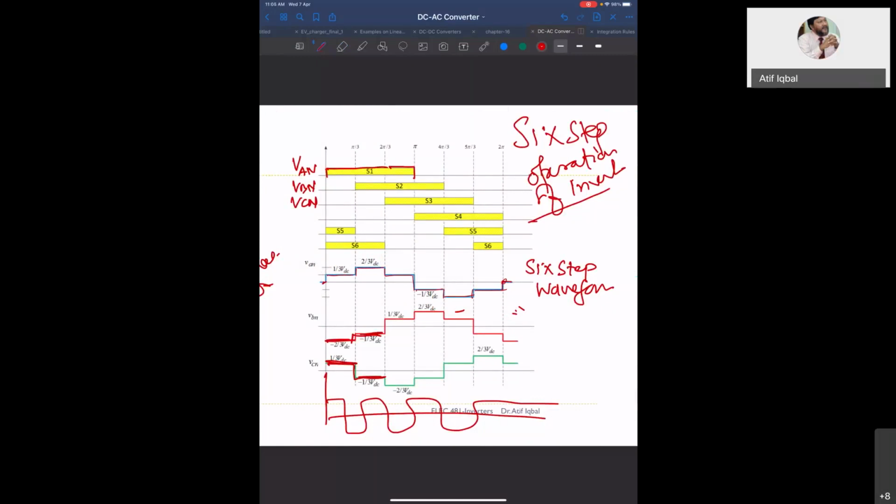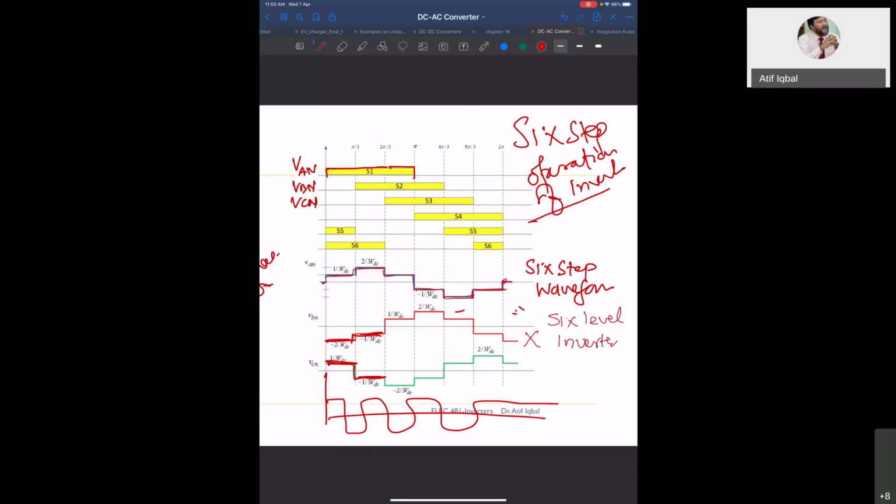Okay. In each cycle, you see that it has 6 steps: 1, 2, 3, 4, 5, and 6. But this is not called a 6-level inverter. Remember, not a 6-level inverter. It is a 6-step waveform.